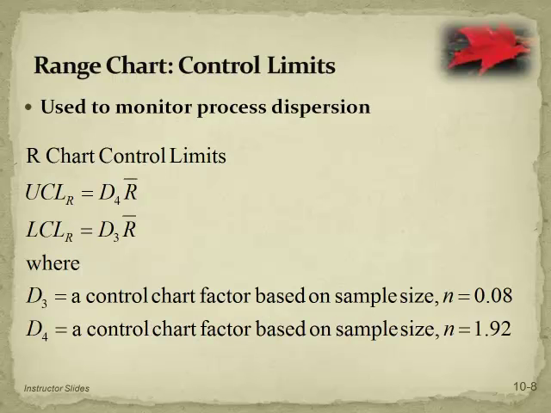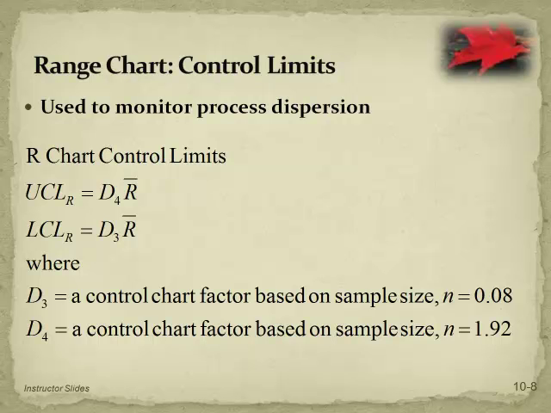Now we have to do a range chart, because the range chart is going to be looking for something different than the X-bar chart. The formula for the range chart is shown here. This is if we do not know what the process standard deviation is, and again, we're making that assumption since the restaurant is new. So the upper control limit is equal to D4 times R bar.